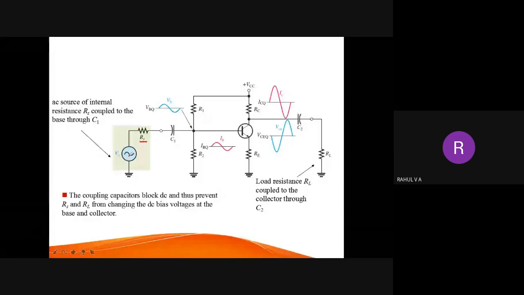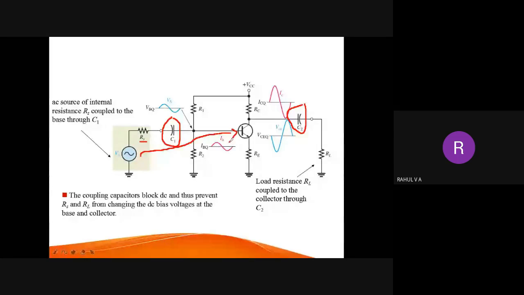So here in this diagram, there is a coupling capacitor C1, then another coupling capacitor C2. This capacitor will block DC and allow AC to flow through it. This side is the input, so the input should reach the base terminal.